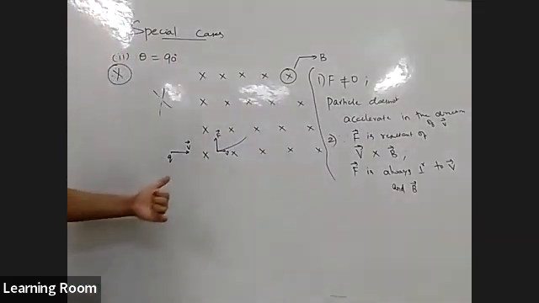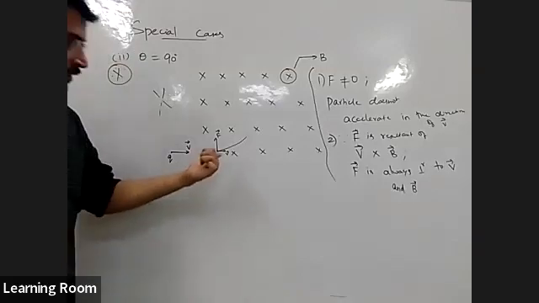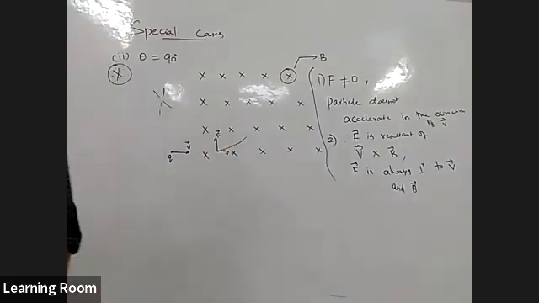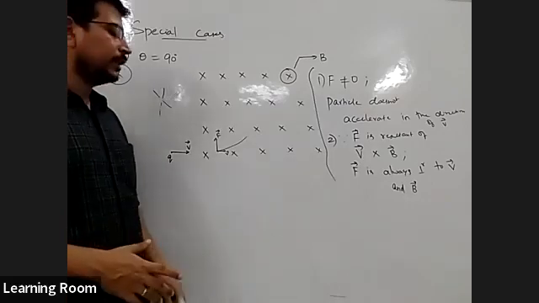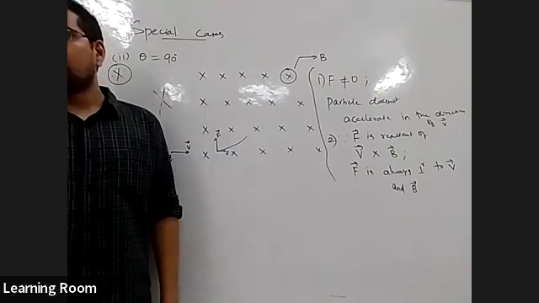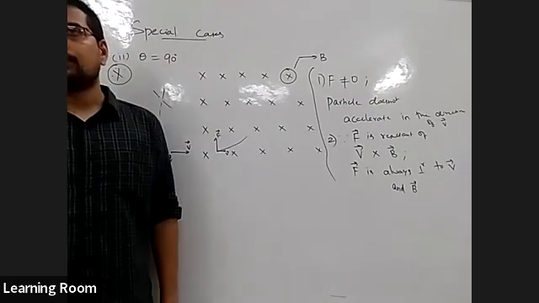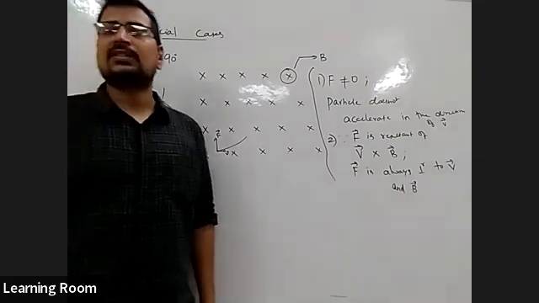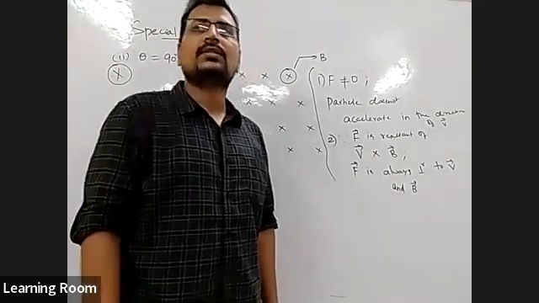So what is happening here? The third path is telling us that this velocity component and force component are always perpendicular to each other, and there is only one kind of motion where this kind of scenario can take place, and that is called uniform circular motion. So the particle will start moving in a circular path.